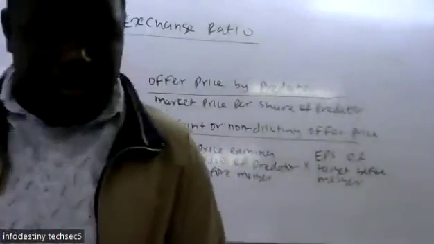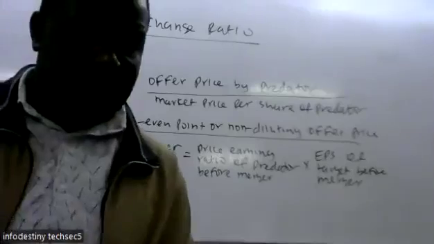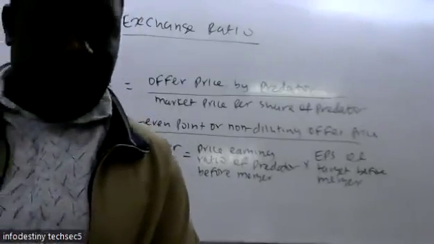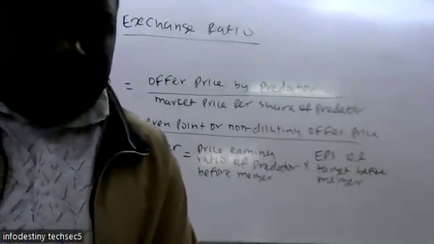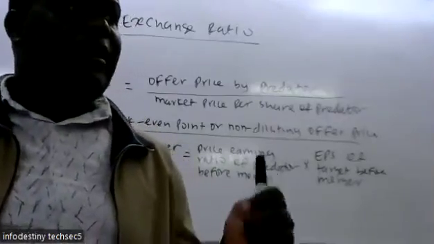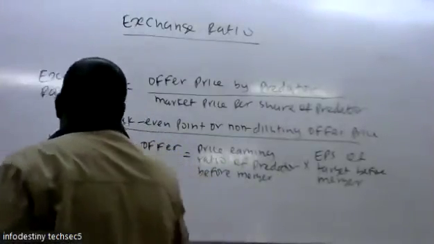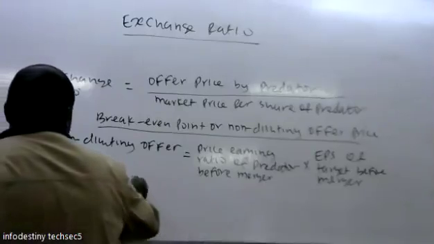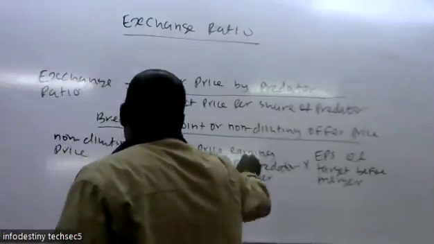When you want to compute the non-diluting offer price, it is simply the price earning ratio of the predator before the merger or acquisition, multiplied by the earning per share of the target also before the acquisition or the merger. Then remember the price earning ratio.